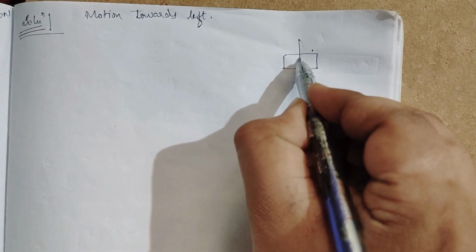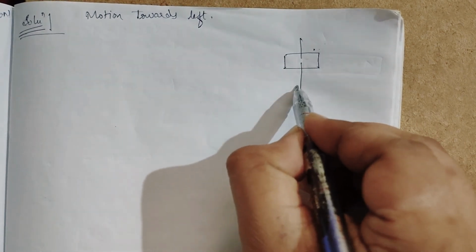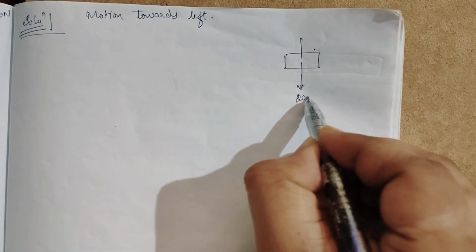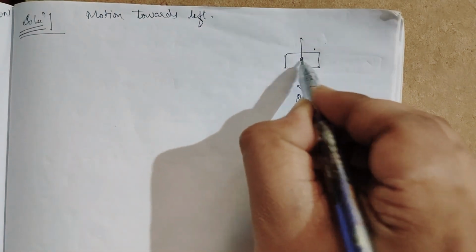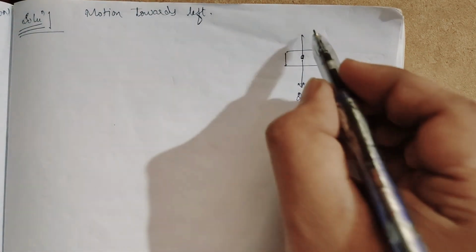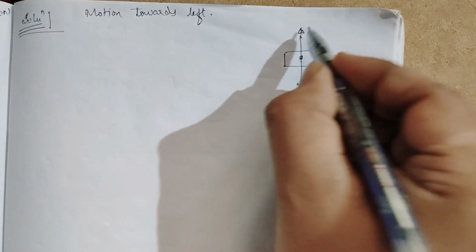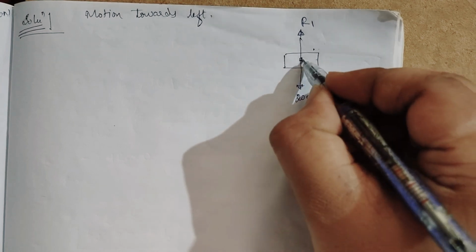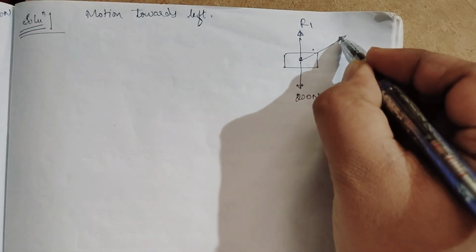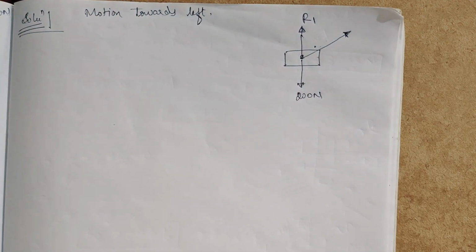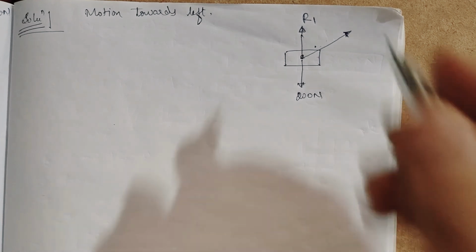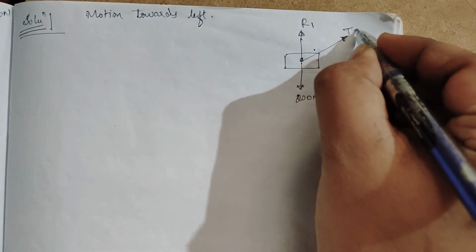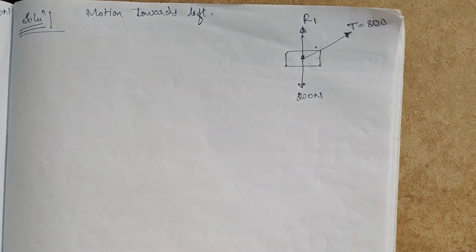So weight of the block is 2000 Newton. Due to that weight we'll get a reaction, I'll take as R1. Then another force T was there. The value of T we got is 800 Newton, and the pulley is frictionless, so there is no loss in the energy. We'll directly get this 800 Newton.